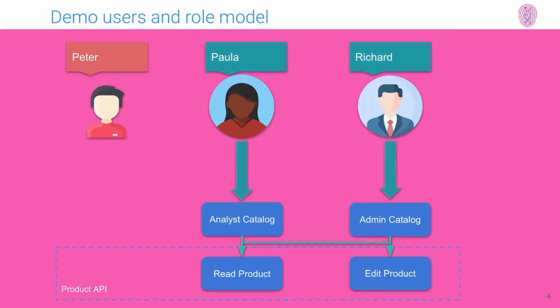One great thing about OpenFGA is that it supports relationships between objects. So no matter that the user has a direct relationship with the analyst role, because the analyst role is related to a child role, OpenFGA is capable of saying, okay, if I check with read product, no matter if I have a direct relationship with the role or an inherited relationship, the user is allowed or not because of the relationship with the child role.